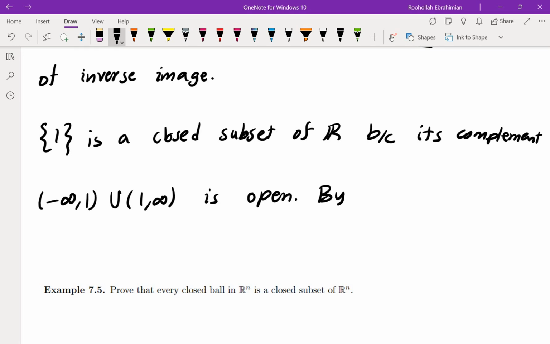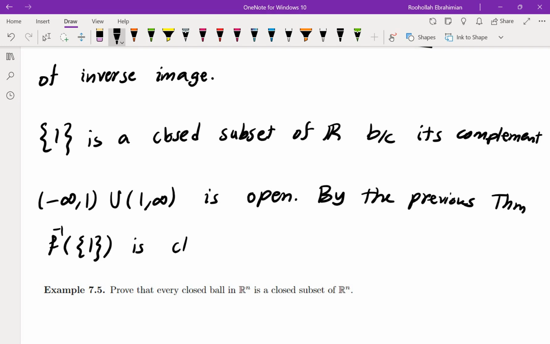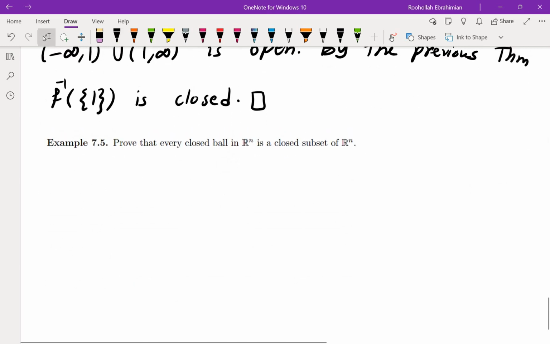So now by the previous theorem, f inverse of singleton 1 is closed, and that completes the solution to this one. Much of the time in this class, when you want to show something is open or closed, you would use the previous theorem. Prove that every closed ball in Rn is a closed subset of Rn.